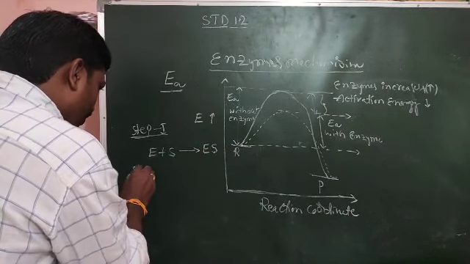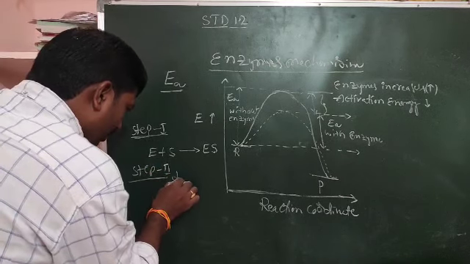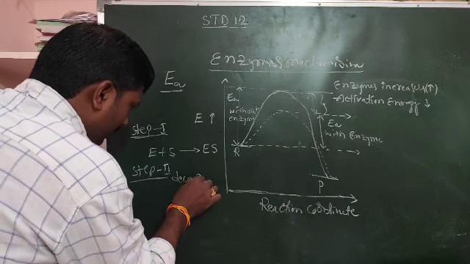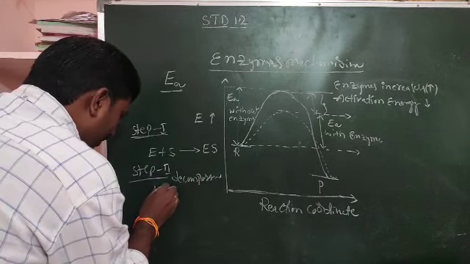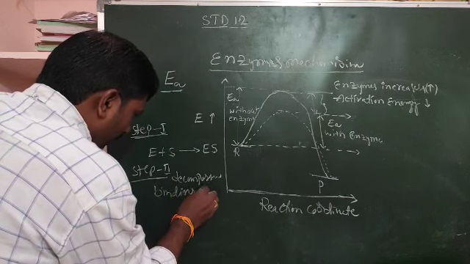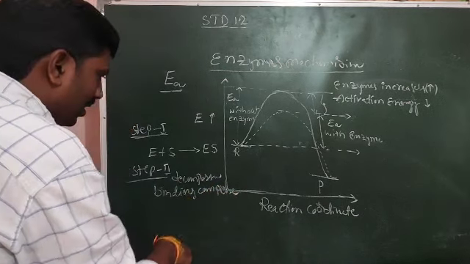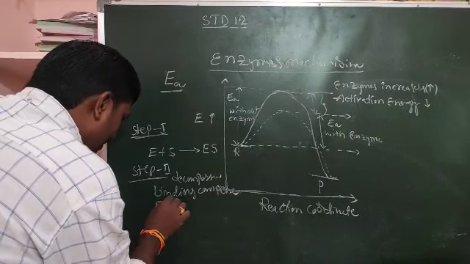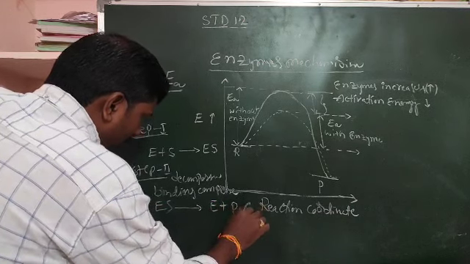Next, step 2: decomposition of the binding complex. How does it decompose? ES gives E plus product.